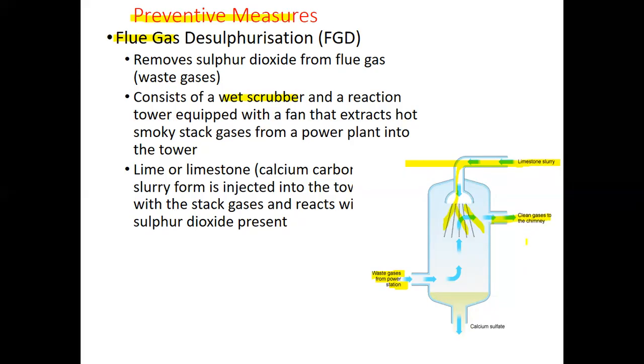Actually, here we cannot expect 100% clean gas. The water soluble gases are dissolved in the slurry. If there is limestone, the solubility can be increased by neutralizing the acidic compounds. So at the bottom, we can find a calcium sulfate solution. Lime or limestone is injected into the tower with the stack gases and reacts with the sulfur dioxide present.